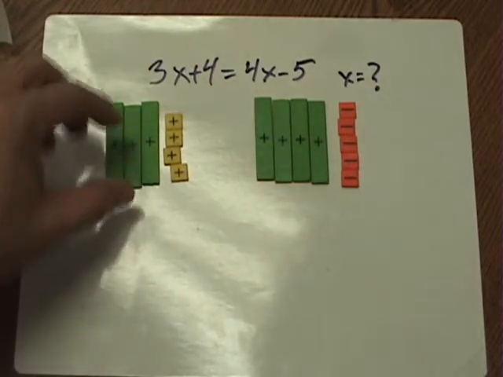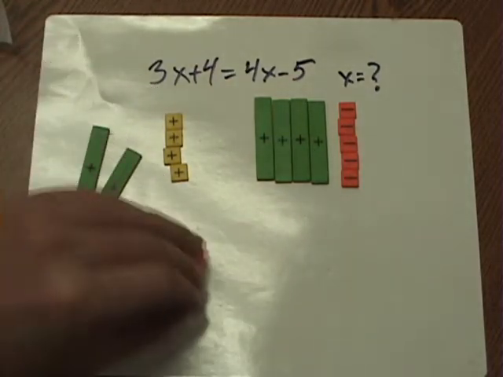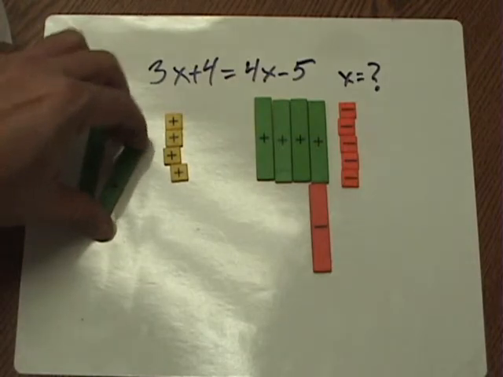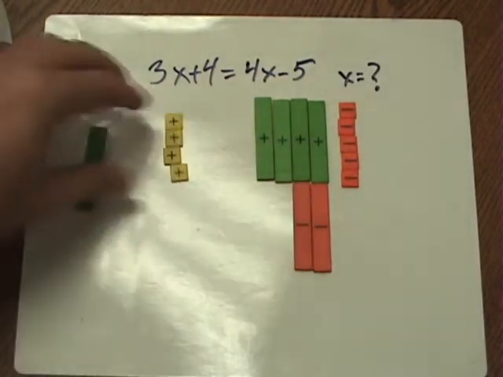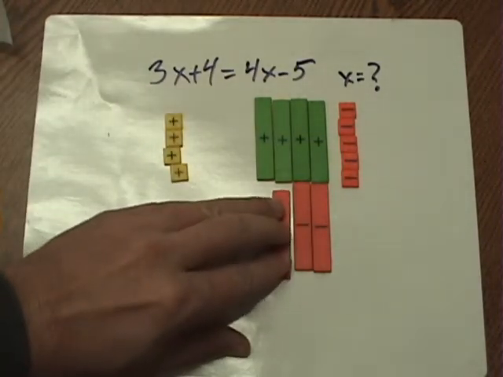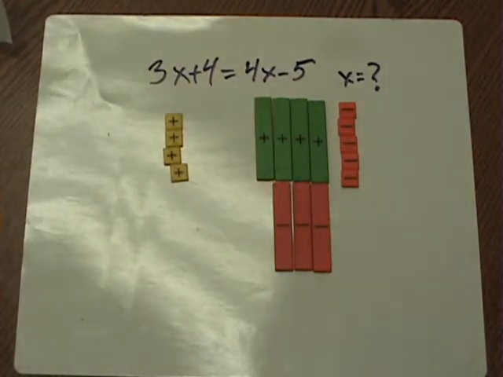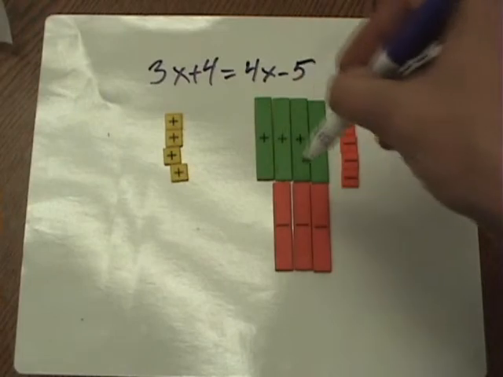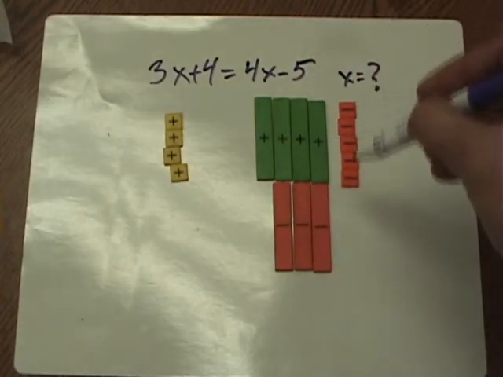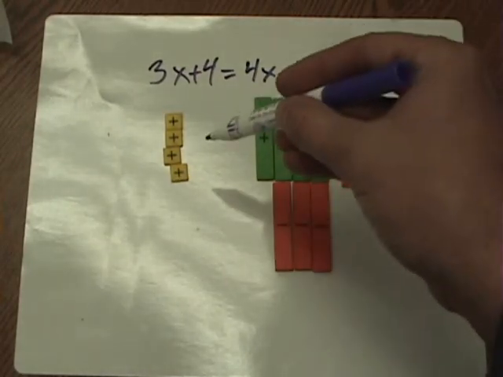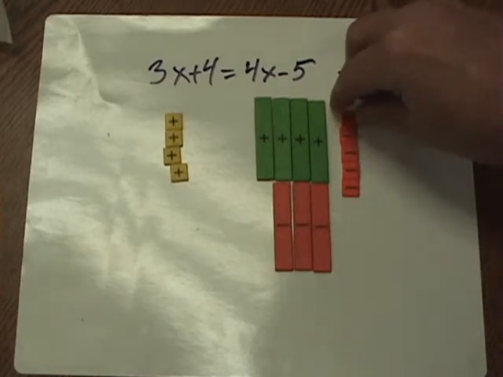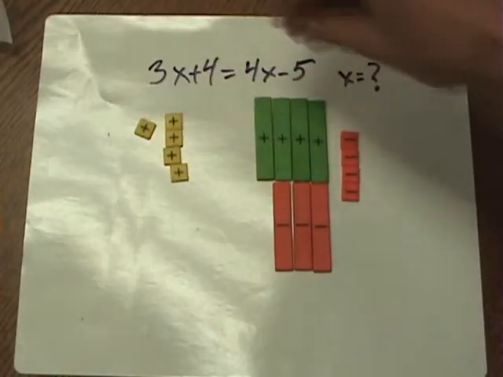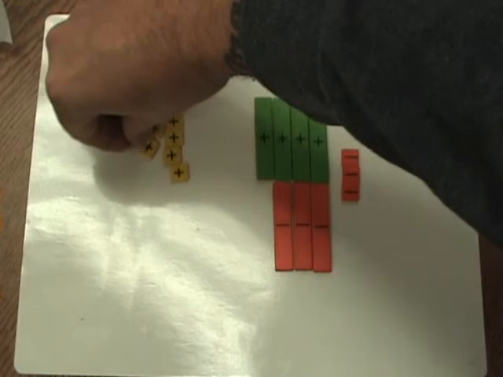So what I would do is I would move my x's over and flip them when they go to the other side. Okay, now if we move the x's over to the right side, we have to move our numbers, our ones, over to the left side. So these would go over here, and they would flip when they go over.